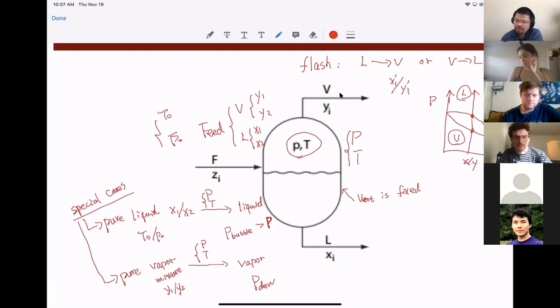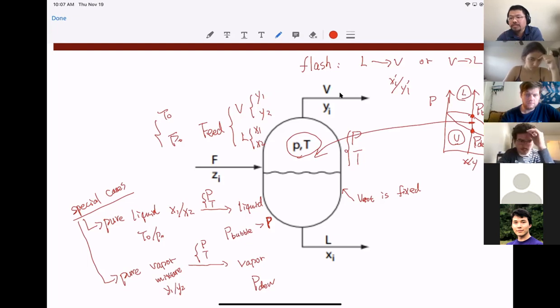Vapor moving to the liquid region, this is the dew pressure, right? On the other side, if we are moving from the liquid to have the first vapor, the first bubble, we call this the bubble pressure. So clearly you can see that the temperature should be in between this region in order to maintain the equilibrium liquid-vapor mixture. Is that clear?